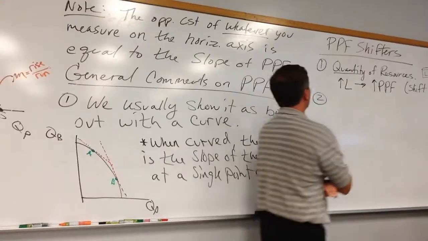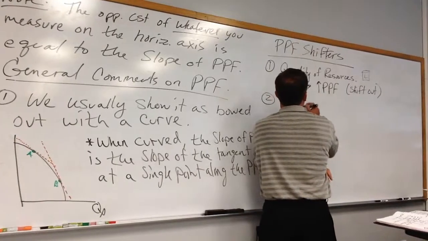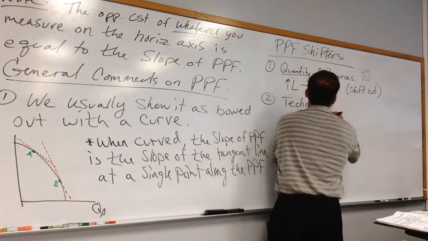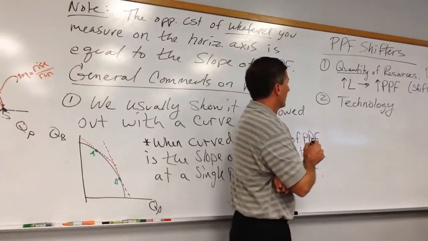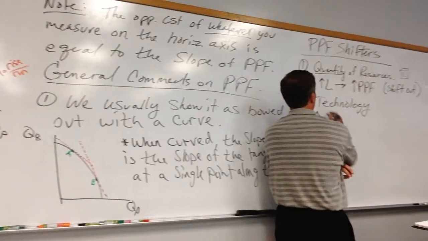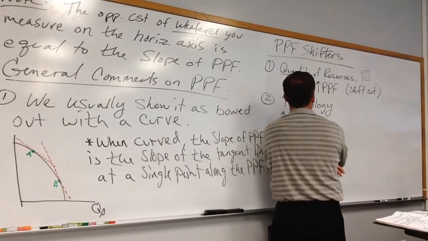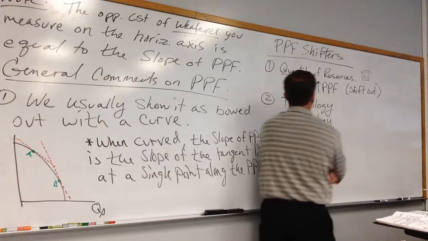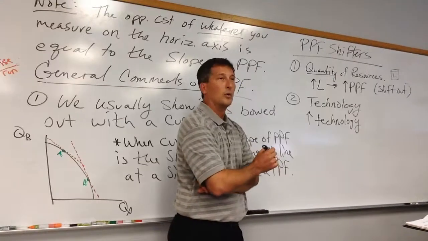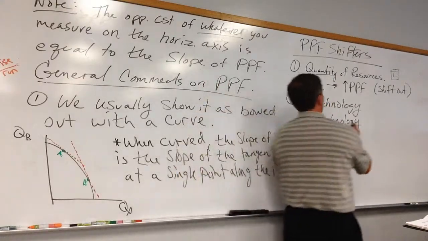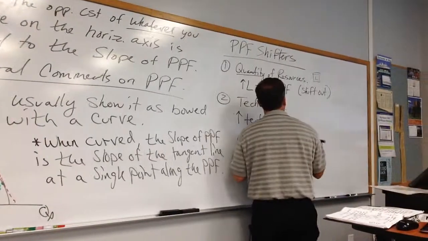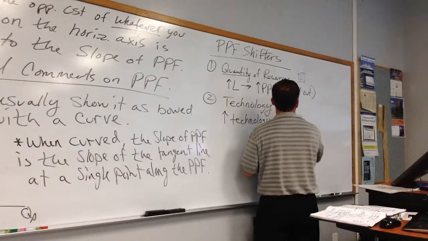Number two, technology. Now, an increase in technology will also lead to a shift out of the production possibilities frontier.